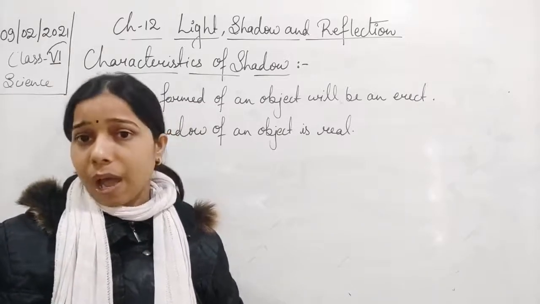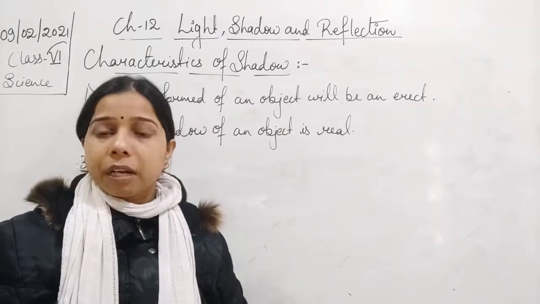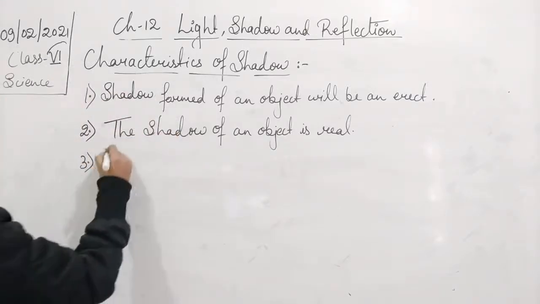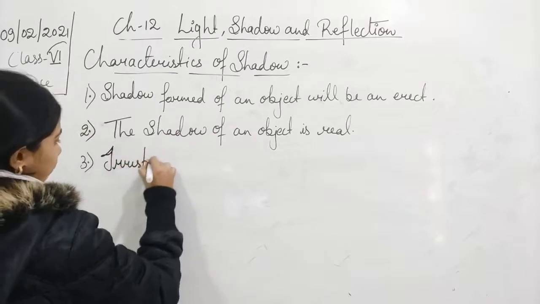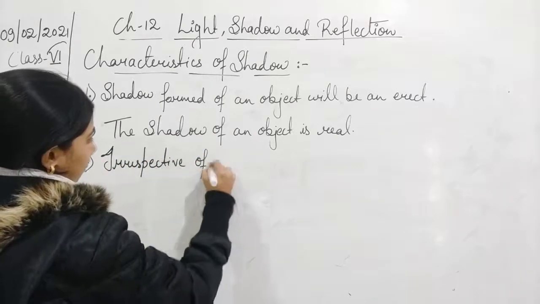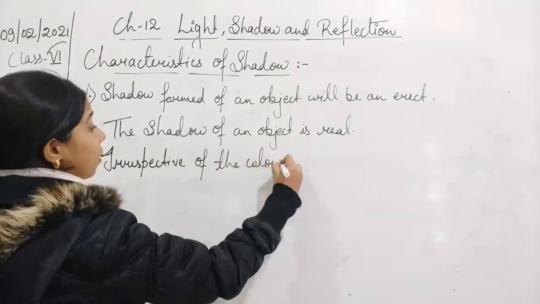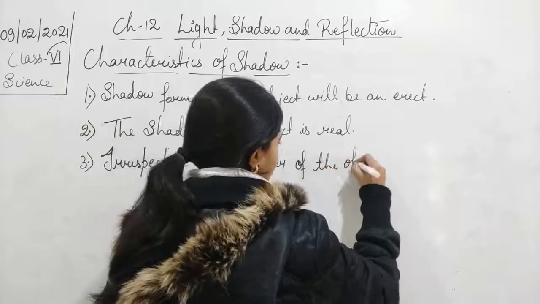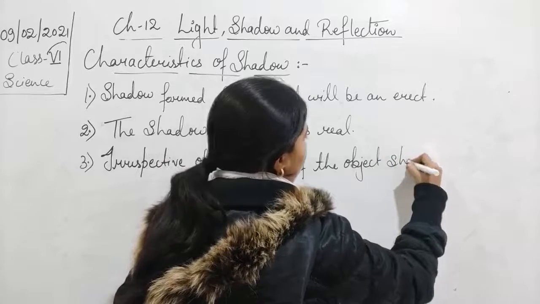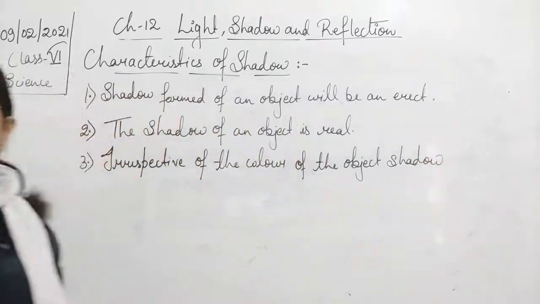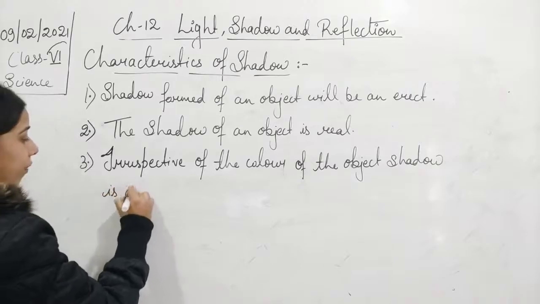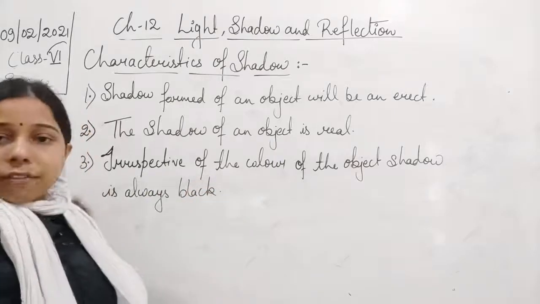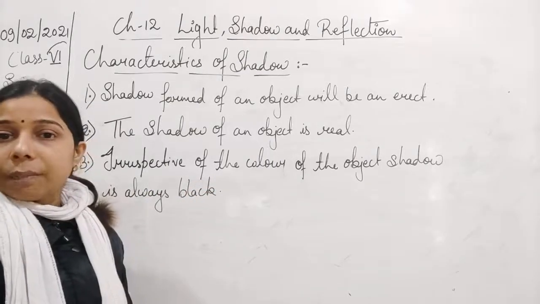But irrespective of the color of the object, shadow is always black. Doesn't matter what is the color of the object, shadow will always be black in color.